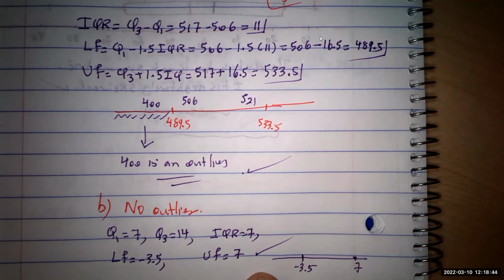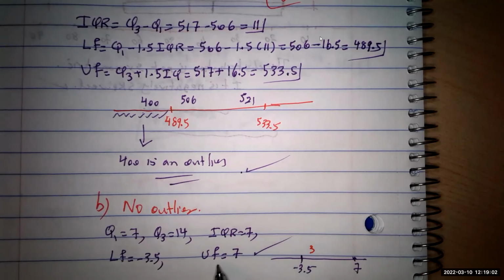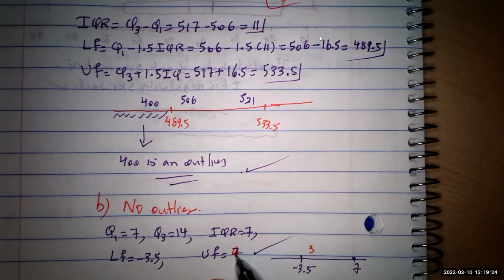So all your numbers are going to be inside, you see. This is negative 3.5, and this is 7. But if you check, your numbers start from 3 and you end up, there must be something wrong with this one. Sorry, I made a mistake here. Your upper fence is going to be 24.5.